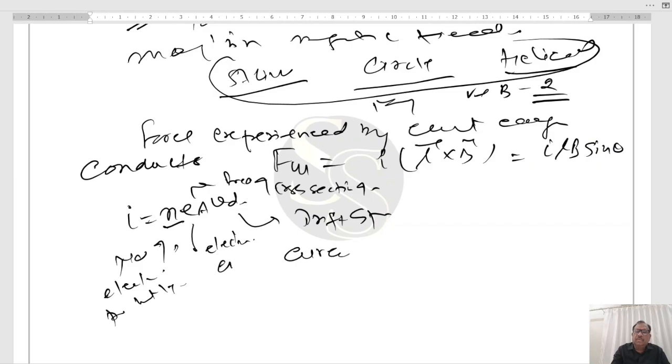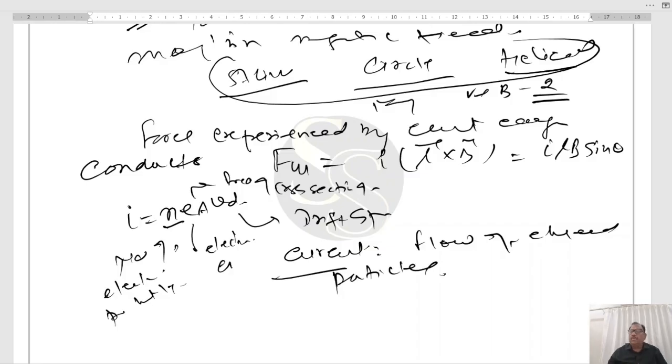Current is the flow of charged particles.